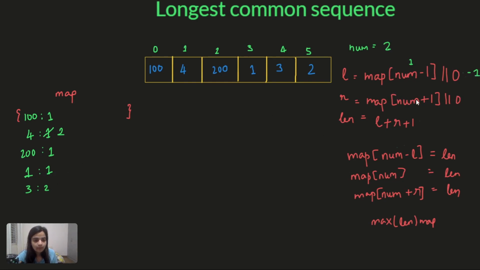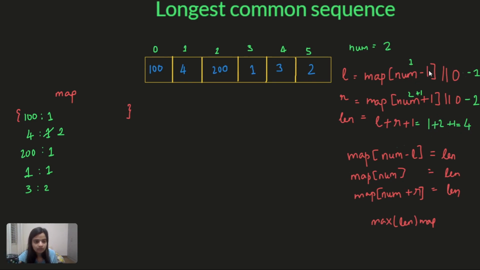Now we check if map of 2 plus 1 exists. 2 plus 1 is 3. Does map of 3 exist? Yes, map of 3 exists. So that value is 2. Now len will become left, which is 1, plus right is 2 plus 1. The total is 4. This is our len value.